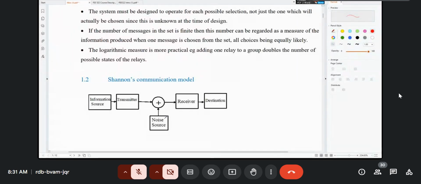Interference from other communication sources, and also from other sources like lightning, machines being operated near the system. But there are also internal sources like Johnson's noise, from thermal noise, you know.